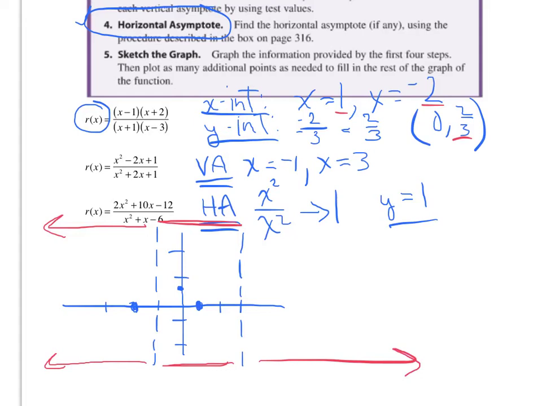So we know that the graph has to have this asymptotic behavior, and we know that these are the only 2 x-intercepts. In this region, in order to have the correct asymptotic behavior, the graph has to do something like this. It can't come from up here and go through there because it's got to be asymptotic to the vertical asymptote.